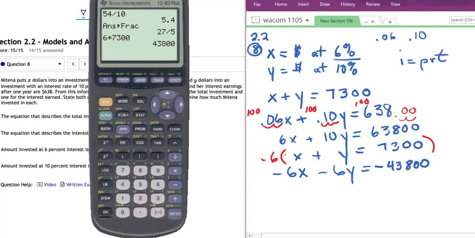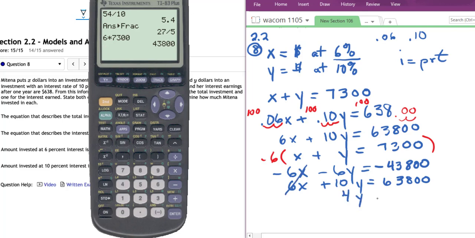I multiplied through on just the x plus y. So I'm going to bring this one down that I'm going to add to it. And my x's are going to cancel. That's what I was trying to do.